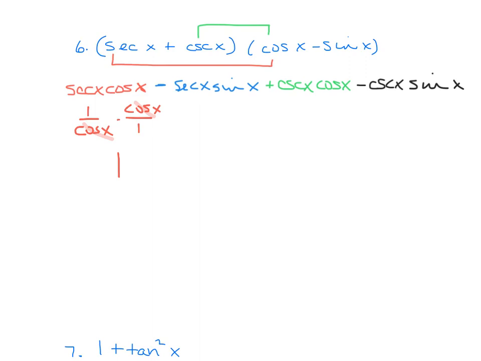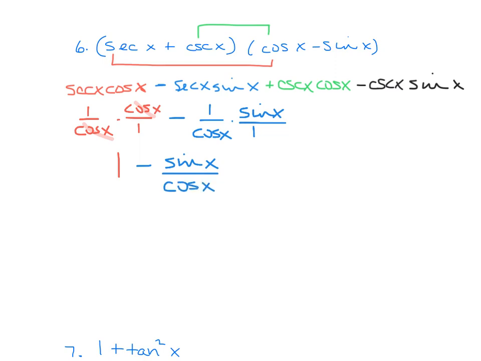I'm going to do the blue one. Secant x is 1 over cosine. And then I have the sine x. Nothing cancels here. So let me just go ahead and write it. So sine x over cosine x.